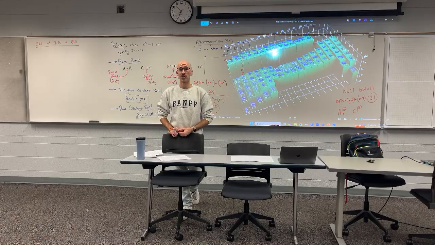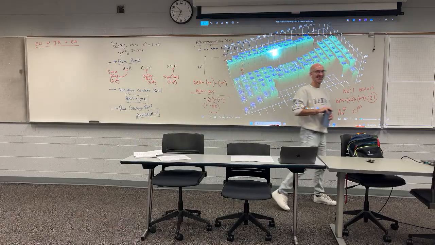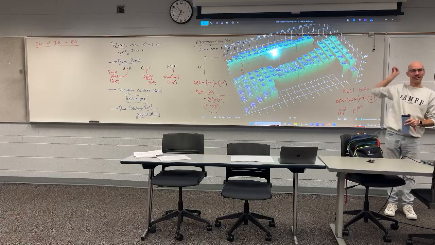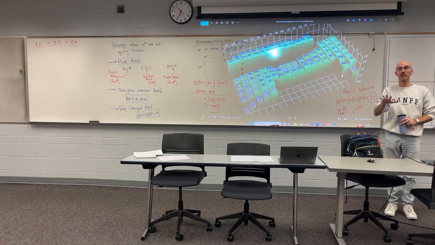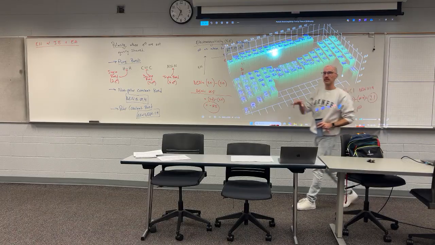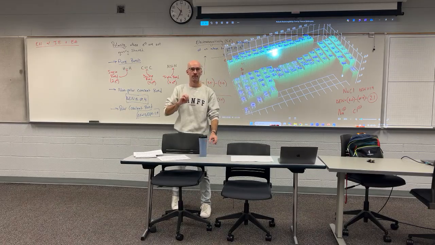What is ionization energy? I see you guys flipping through your notes. That's what I want you to see. Energy required to pull an electron away from an atom. Who typically has the lowest ionization energy?